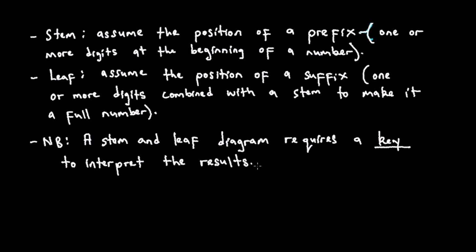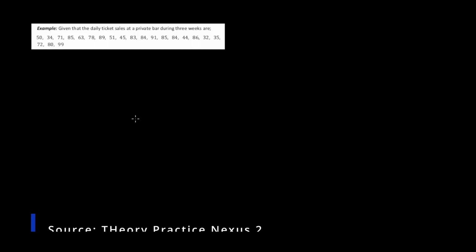Saka tava panapa, let us look at an example, and we are going to illustrate with that example how we construct a stem and leaf diagram. This is the example we are going to work with. Given that the daily ticket sales at a private bar during 3 weeks are, tavatapiwa those values. Saka zvirikunzi tinofanirwa kuita construct a stem and leaf diagram.